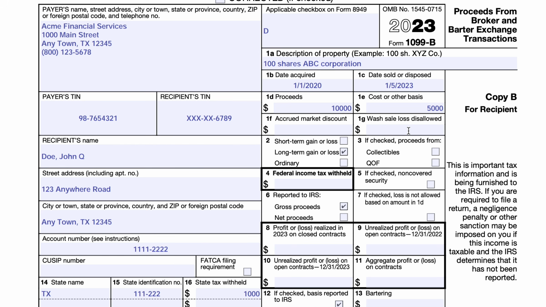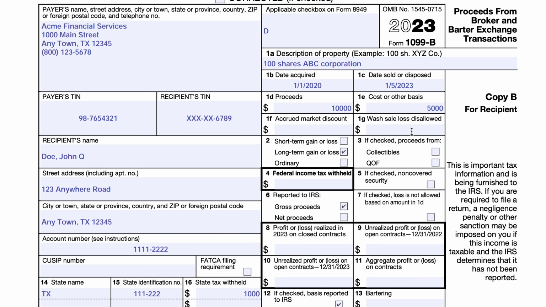So wash sale rules in the IRS mean that if you sell a security at a loss, but you happen to buy something that is substantially similar, either in the same account or in a different account, within 30 days, either before or afterwards, or if you buy a stock option for a stock that you sold, if you buy any security that is deemed to be substantially similar, then that's considered a wash sale, and that is disallowed for IRS purposes.